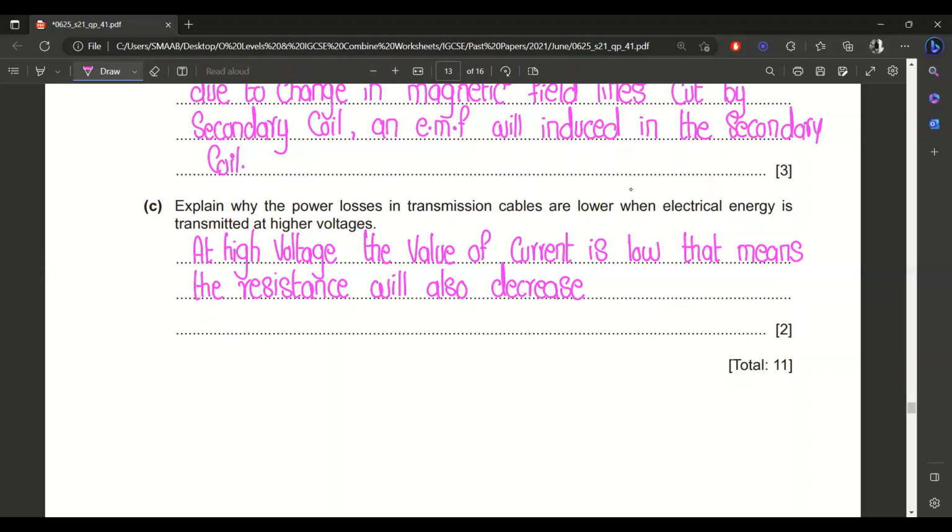So resistance will automatically decrease because of the magnitude of the electric current. So there will be less loss in the form of thermal energy.